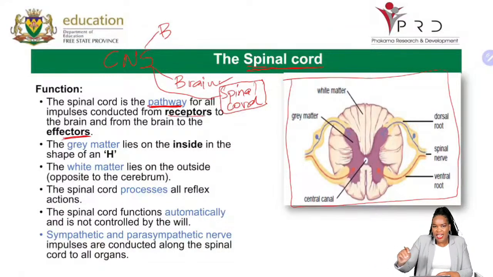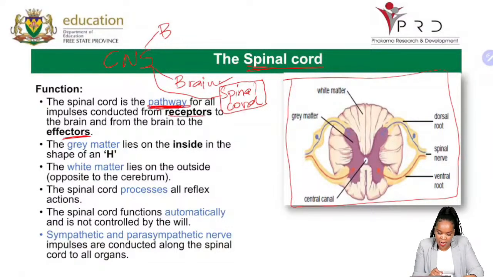So you see, it is a pathway where all these impulses are going to pass. For you to receive the stimulus, it will pass through the spinal cord. For you to respond, that message needs to be passed from the spinal cord to the motor neurons, to your effectors, where you're going to feel the effect. So you see, the spinal cord in that way is a pathway.